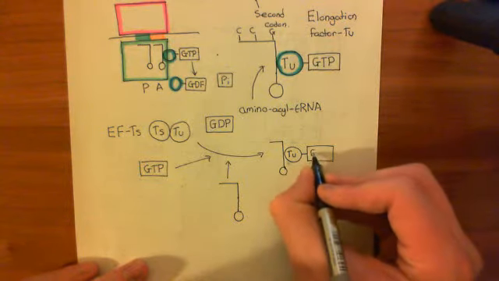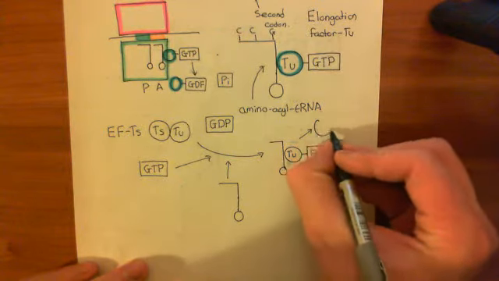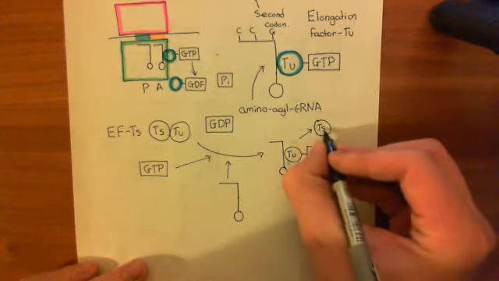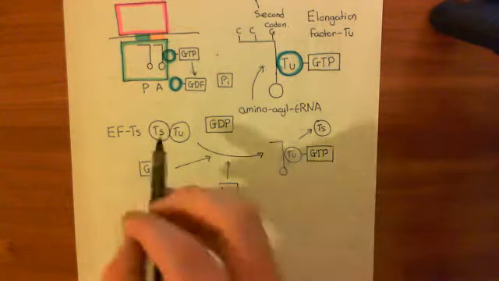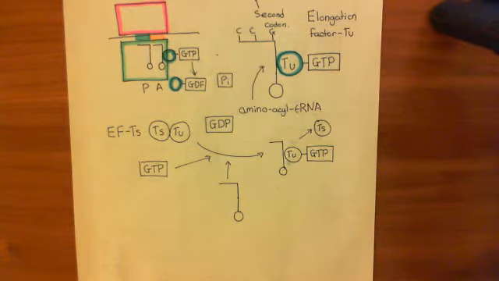So you regenerate these complexes, and then obviously the elongation factor TS comes off, so it breaks off at this point. So elongation factor TS is a very important protein in recycling the elongation factor TU. Okay, right, so that's just how you recycle the elongation factor TU.